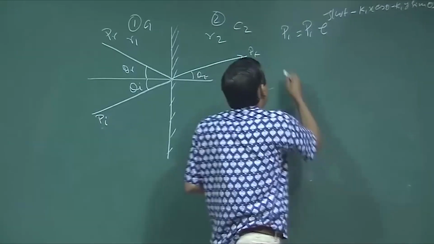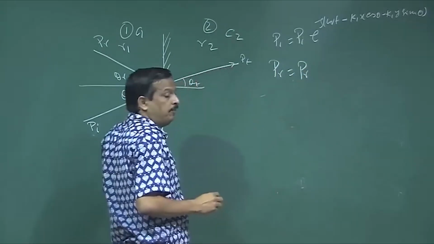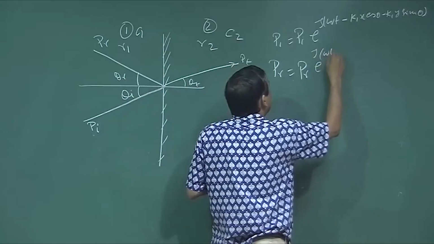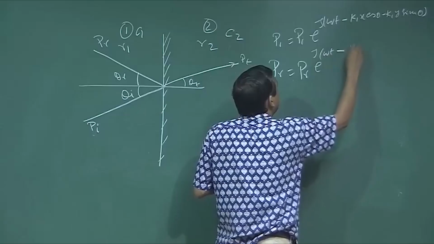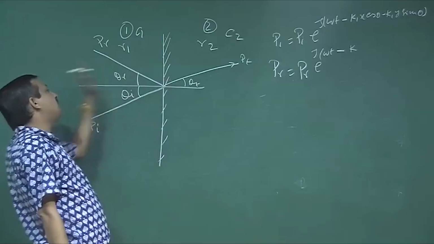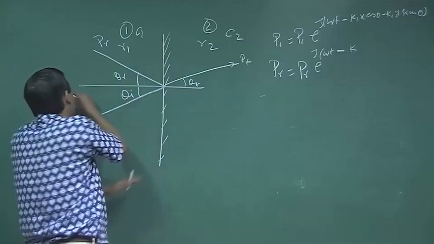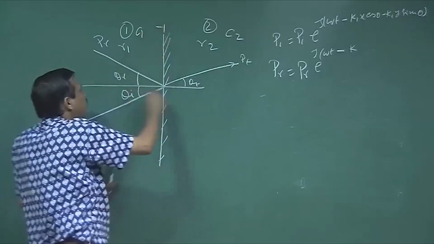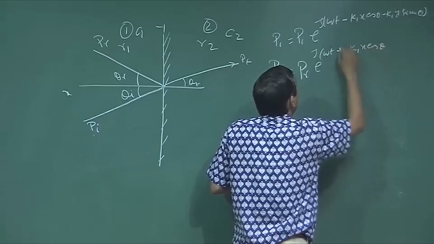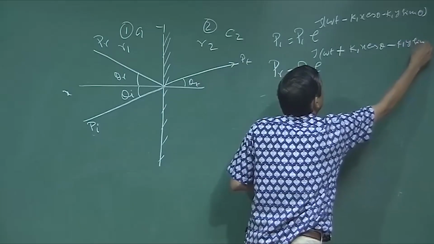Similarly, what is pr? The reflected wave, again in the xy plane, e to the power j omega t minus, why minus or plus? It will be plus because it is the negative x direction, but the y direction is positive. So, this is the x axis and this is the y axis. I can write k1 x cos theta positive minus k1 y sin theta.